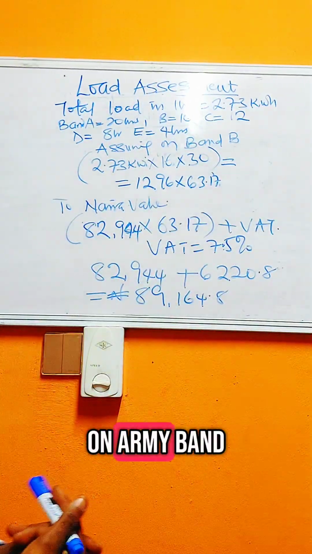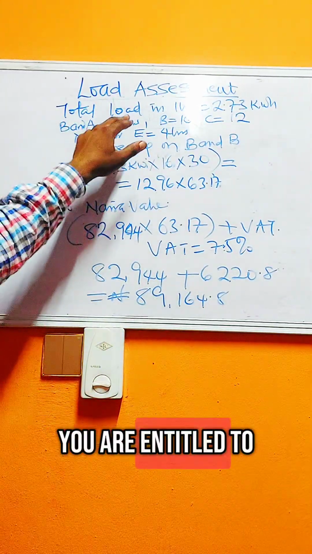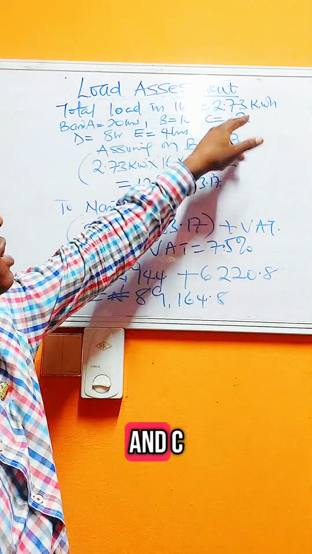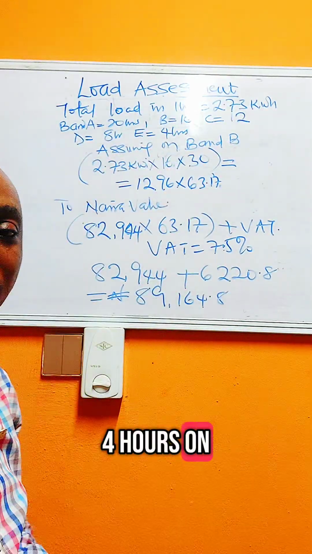Assuming I'm a Band B customer, these are our bands. A Band A customer is entitled to 20 hours, Band B 16 hours at minimum, Band C 12 hours, Band D 8 hours, and Band E 4 hours at minimum.